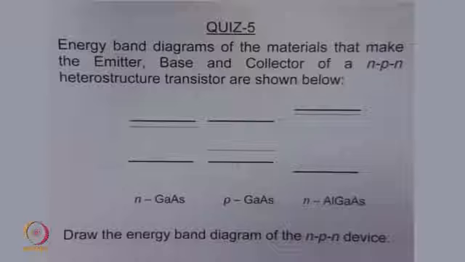The energy band diagrams of the materials that make the emitter, base and collector of an NPN heterostructure transistor are shown below. There are heterostructure transistors exactly like the double heterostructures that we have in optoelectronics. So N gallium arsenide, P gallium arsenide and N aluminum gallium arsenide.